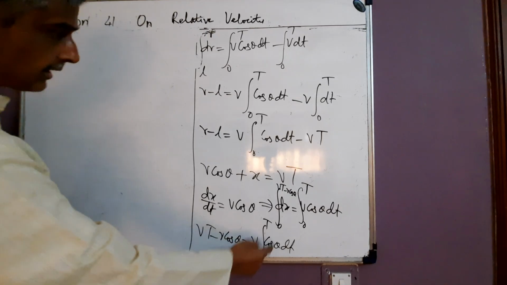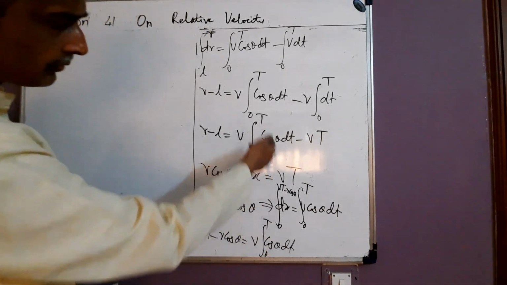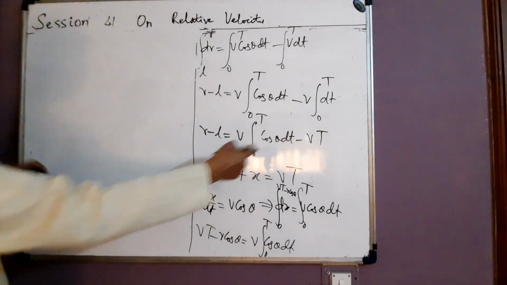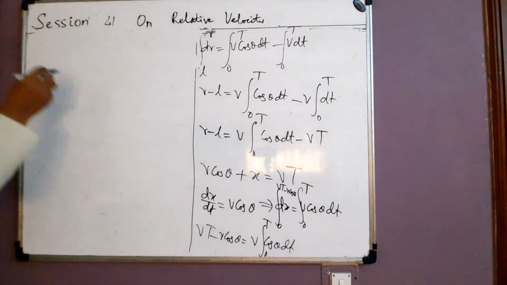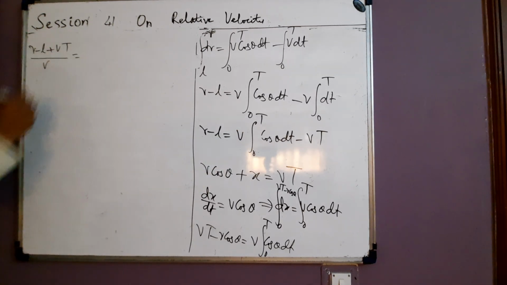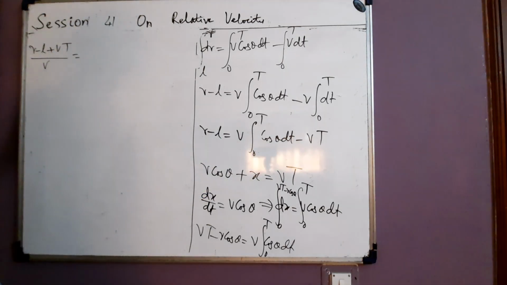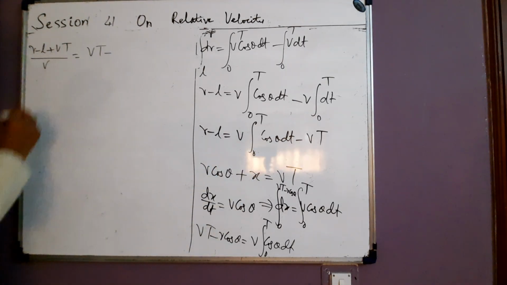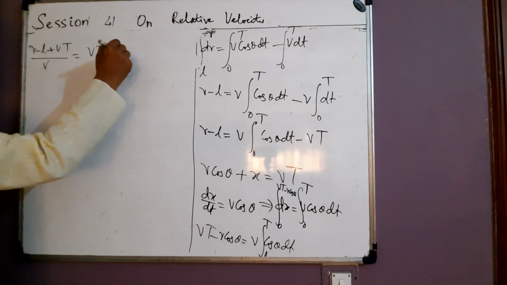So this integral I replace in this, and I eliminate these two integrals. From this equation we see that this integral can be written as r minus L plus Vt by V. This can be written as Vt minus r cos theta by V.